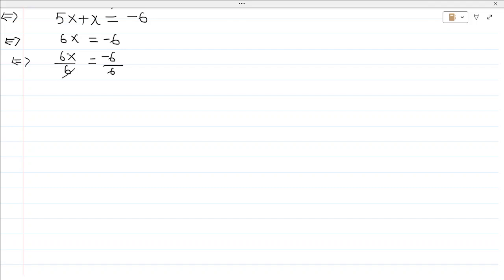This 6 is cancelled by this 6 and this 6 is cancelled by this. We are left with minus 1. So x is equal to minus 1. So the value of x is minus 1. This is the answer, dear.